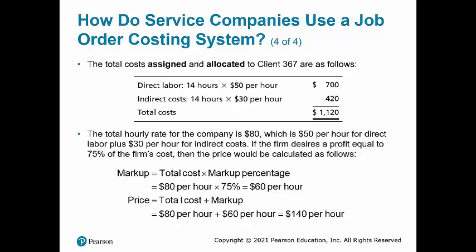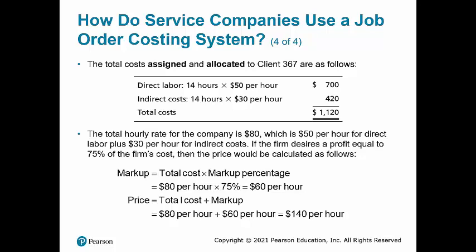Then we would take the same 14 hours and multiply that by that predetermined overhead allocation rate of $30 to allocate $420 of indirect costs to the job. Adding those two amounts together, we get total cost for that job of $1,120.